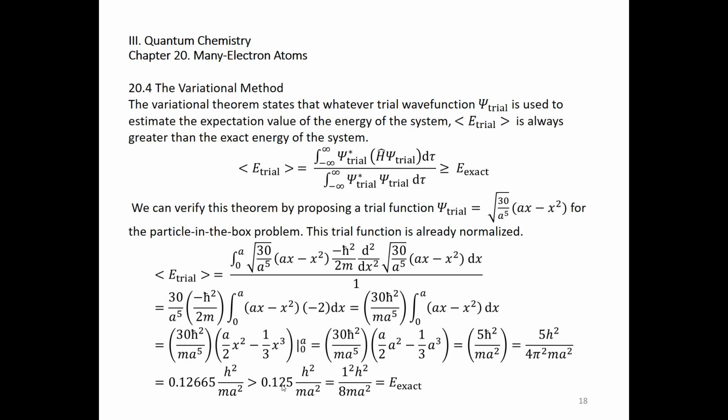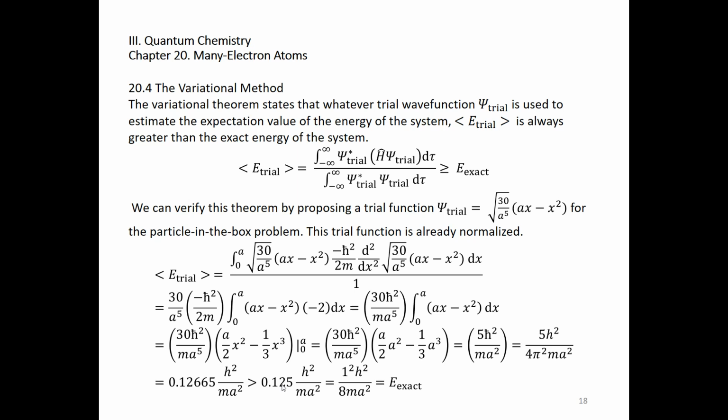So one strategy of solving the Schrodinger equation is this. We first propose a trial function that contains one or more parameters. And then using this trial function, we can determine the trial energy that contains one or more parameters. And then we need to minimize the trial energy with respect to those parameters.